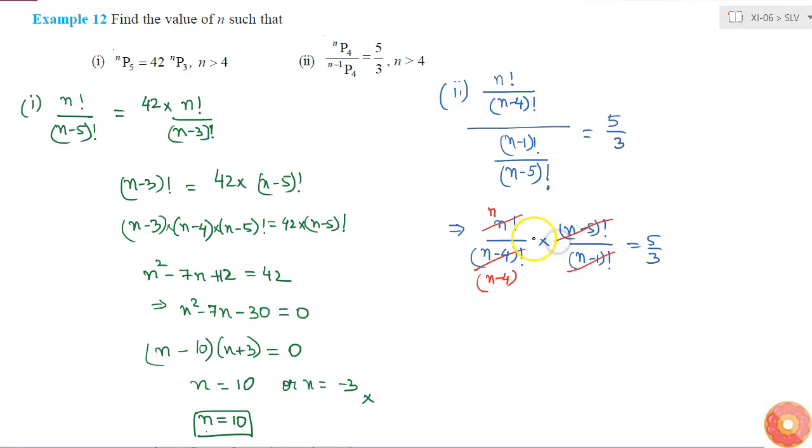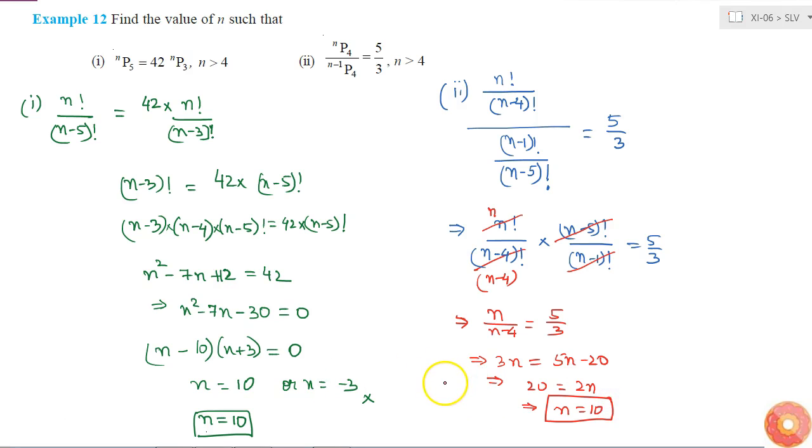So if I cancel that with this, then I will get n by (n minus 4) is equal to 5 by 3, which means that 3n is equal to 5n minus 20, or 20 is equal to 2n, which means that n is equal to 10 again. Therefore in both the parts, we got n is equal to 10.